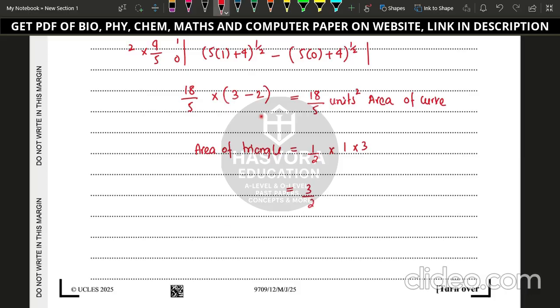Now we have the total area: 3 by 2 plus 18 by 5. Let's take the LCM.